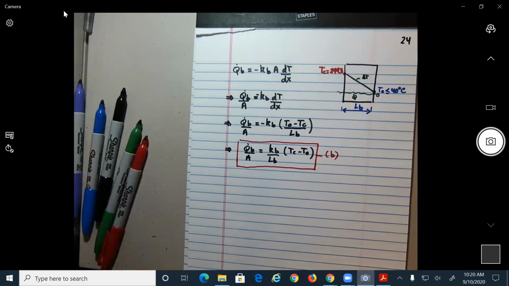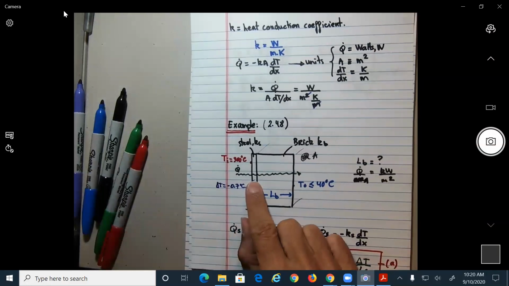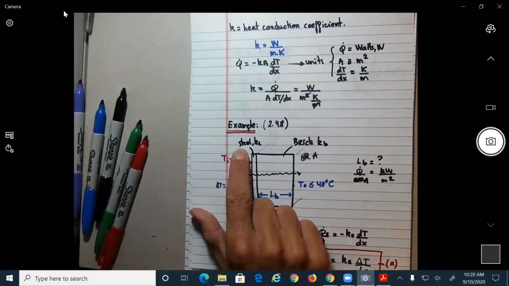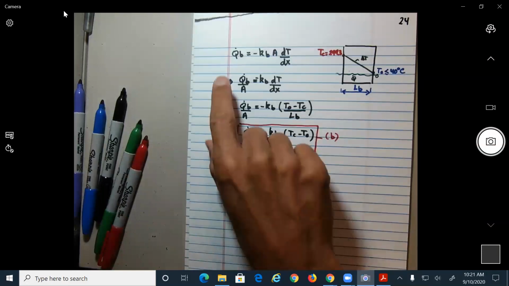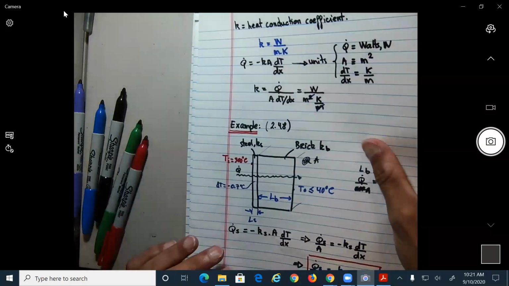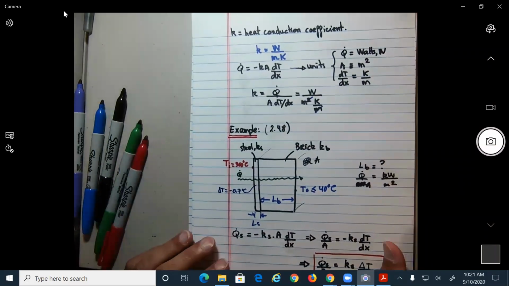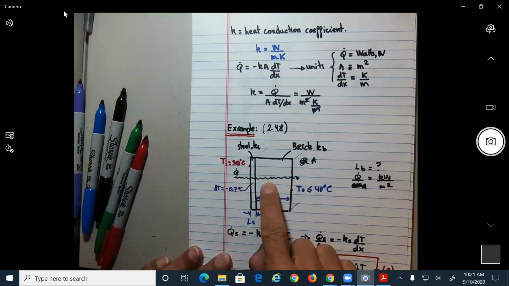Okay, so here what is important to realize, because this is generally a mistake that people make, is that they say that the total amount of heat going through this composite wall made out of steel and brick is equal to Q of the steel plus the Q of the brick. But that is not correct, because what did we just say? We just said that the amount of heat is the same, no?